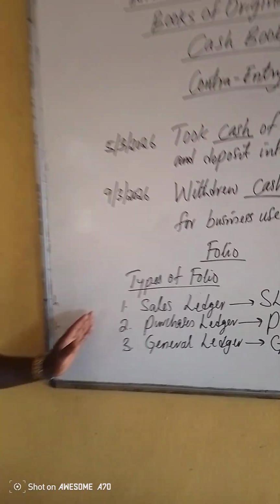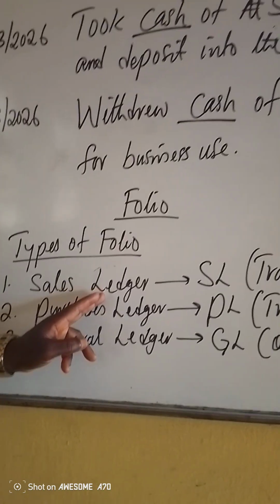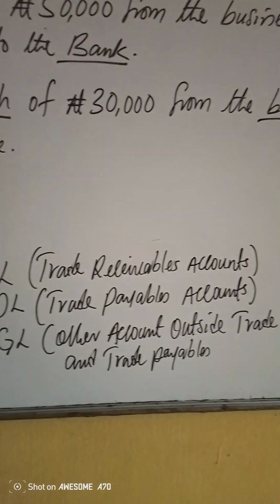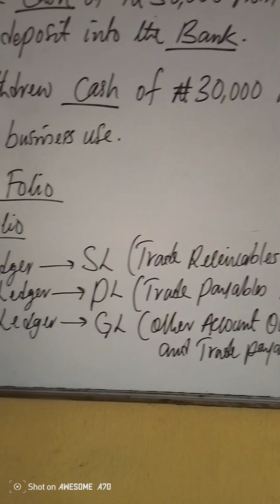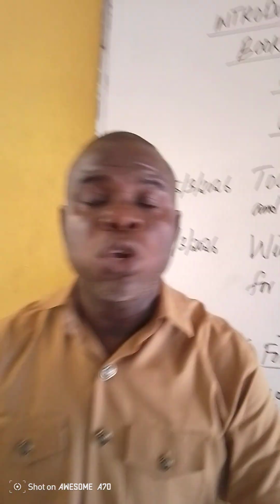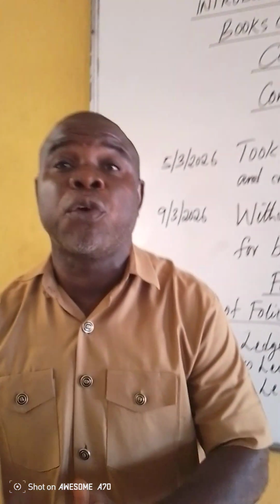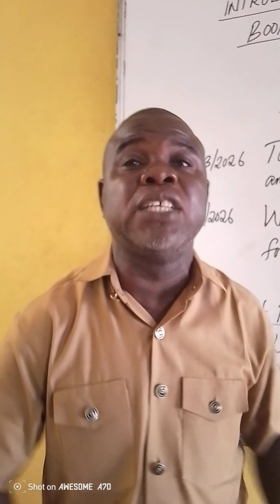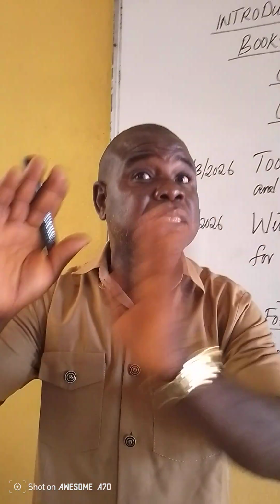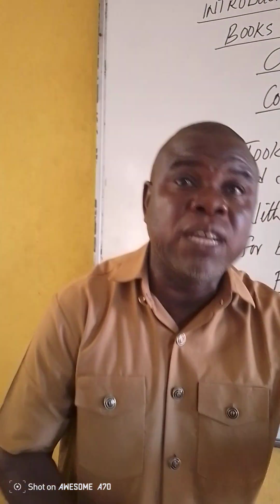Let's look at the types of folio. We have three types of folio. Basically, we have the sales ledger, which is referred to as SL, also called the trade receivables account. It means accounts recorded in the sales ledger are only accounts that relate to goods sold on credit to customers. That is, all trade receivables, all debtors, are under the sales ledger, and all other transactions linked with the debtors.